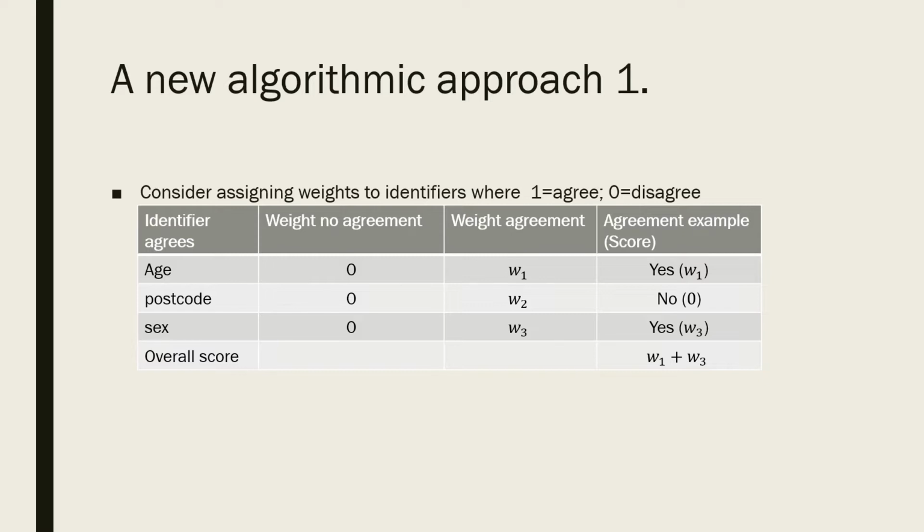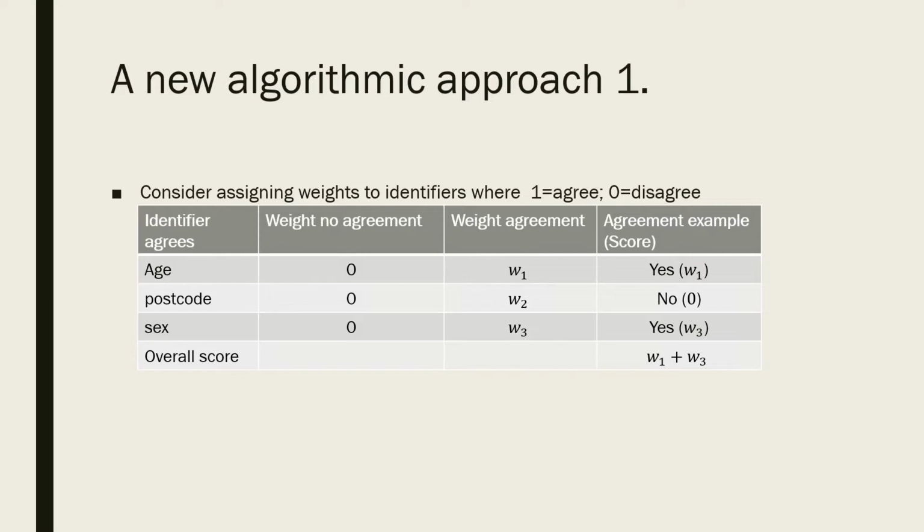So let's consider a simple case, as in this table. We've got 3 identifiers: age, postcode, and sex. And we want to assign to each of these attributes a weight. I've called it W1 if the age agrees.